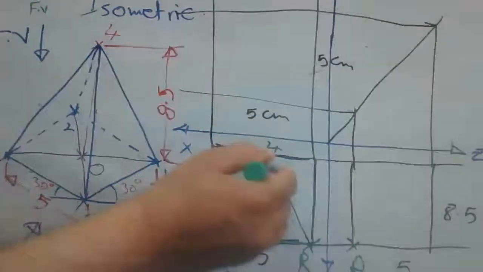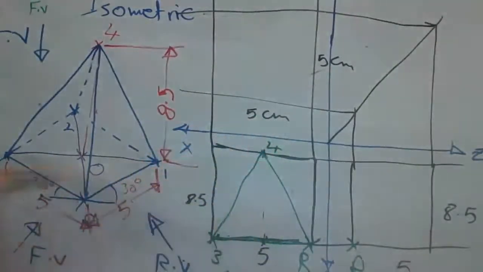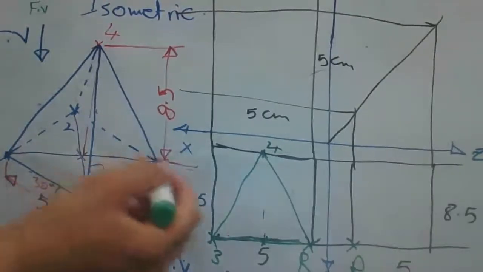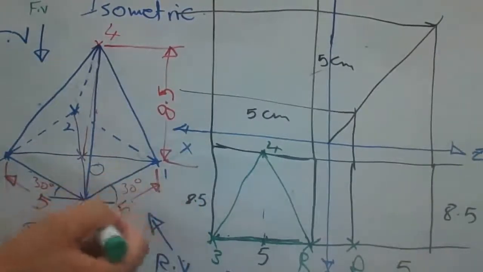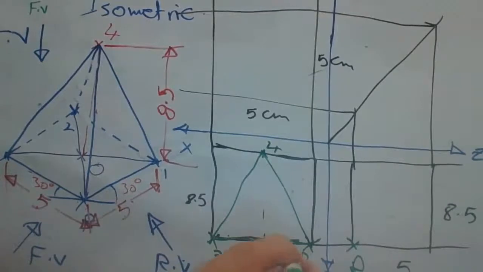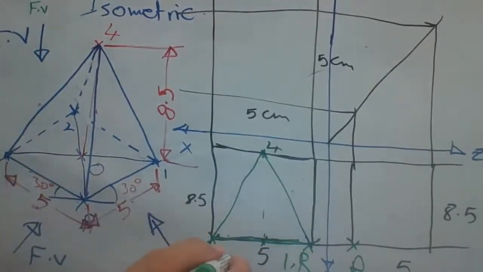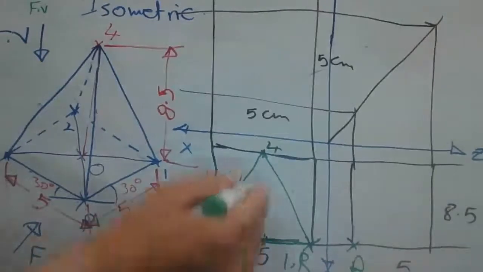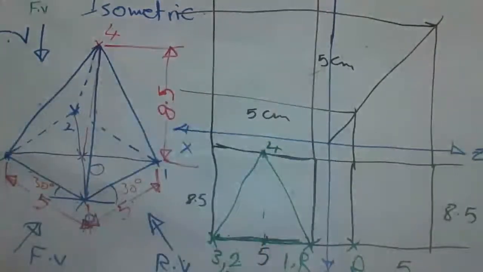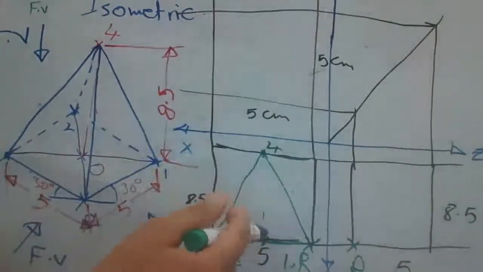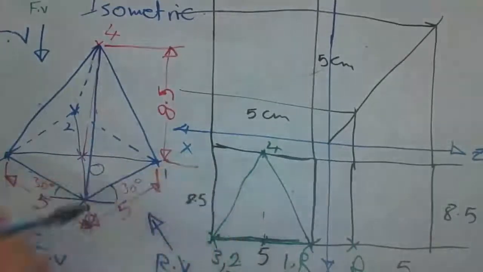So R4, R3, like a triangle with a green line. R1 stays behind the R point and 2 behind 3 are alone. This is the projection of the pyramid in the front view.